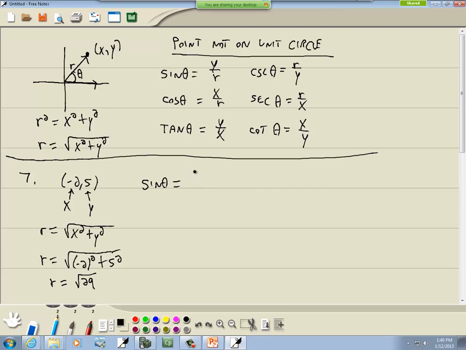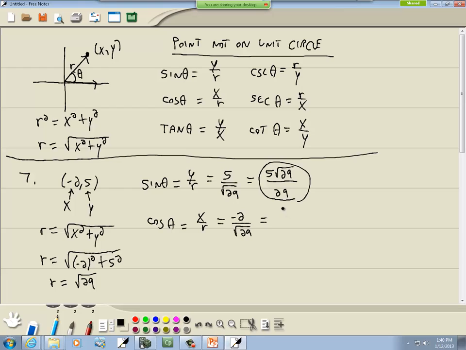Sine. We said sine is y over r. y is 5, r is square root of 29. Can't have the square root downstairs, so we multiply top and bottom by square root of 29. So we get 5 square root of 29 over 29. Cosine is equal to x over r. x we said was -2, and r is square root of 29.